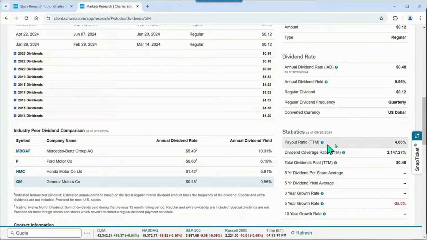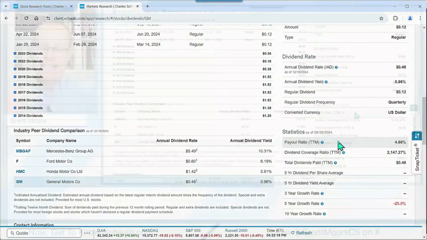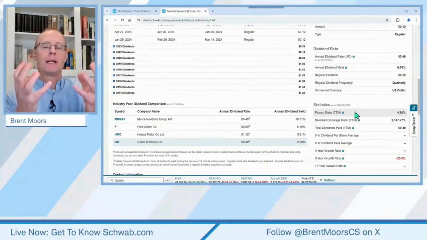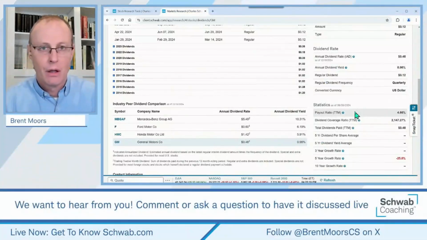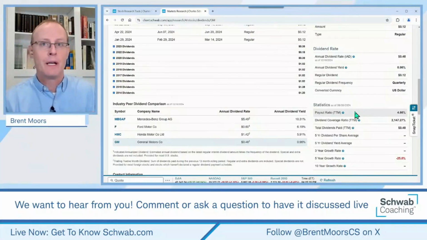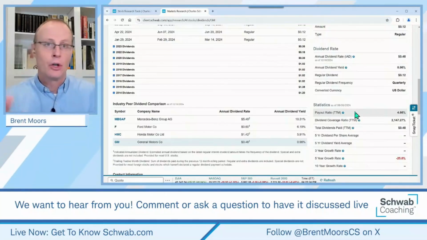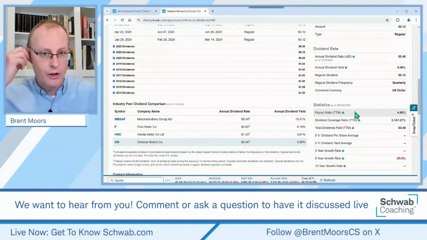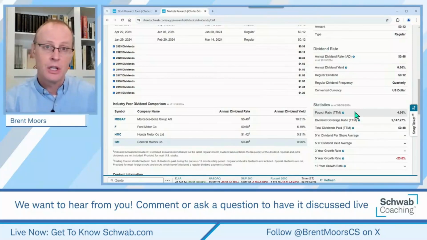What's a payout ratio? A payout ratio is how much they're paying out in dividend in comparison with the amount of money they bring in earnings. Well, look, you don't want your company to be paying out every last dollar that they earn to their investors in terms of the dividend, because they need money.